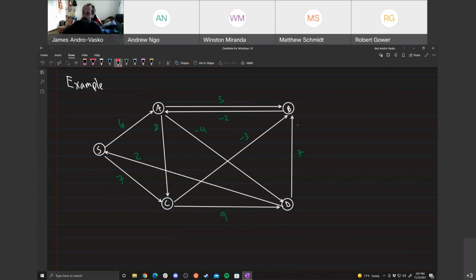This will be 1, 2, 3, 4, 5, 6, 7, 8, 9, 10. That's all the edges we have, right? I think I have this one over here, 11. So I'm going to follow this order.